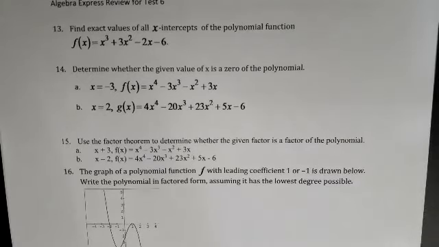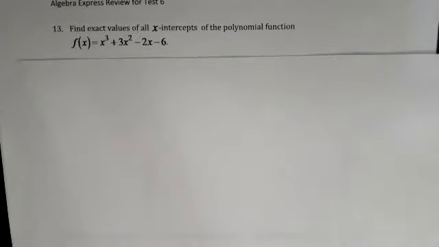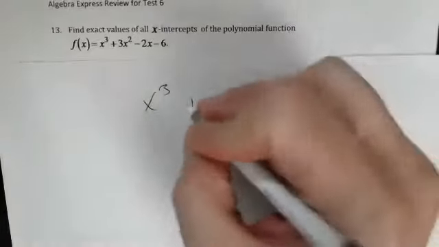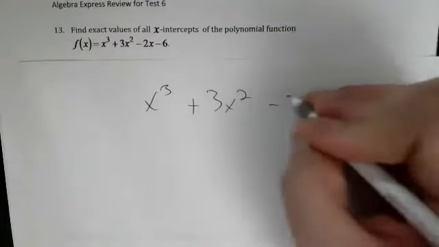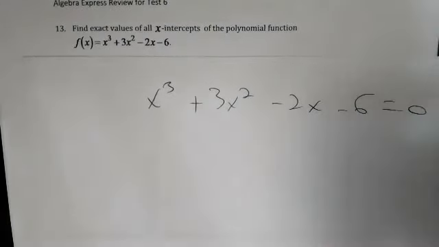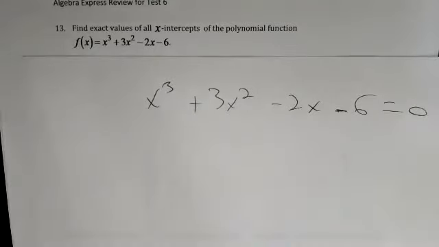Finding the x-intercepts is like finding what of your function? What is this asking us to do? How would you find your x-intercepts? It's the zeros of the function. So if we want to solve this, how would you solve this? Really, there's only one sort of way that we have at this point to solve this thing.